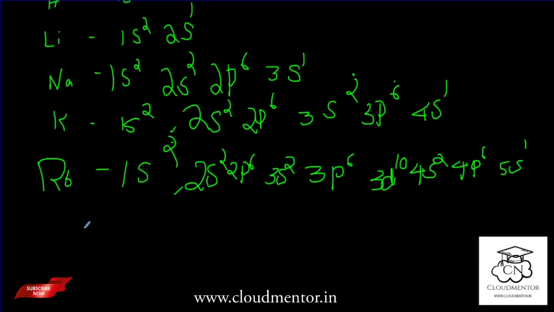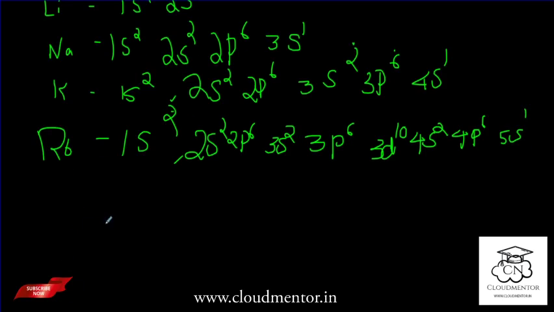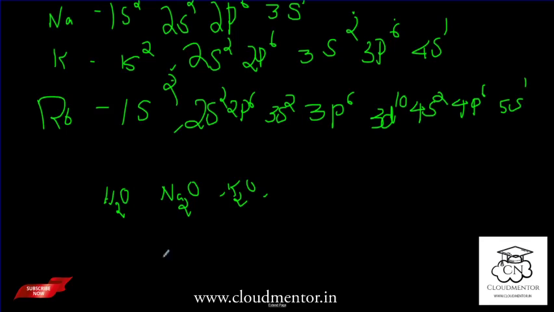And all form stable oxides, like H2O. H2O is an oxide. Like that, alkali metals form oxides like Na2O, K2O, and many more. They also form peroxides.